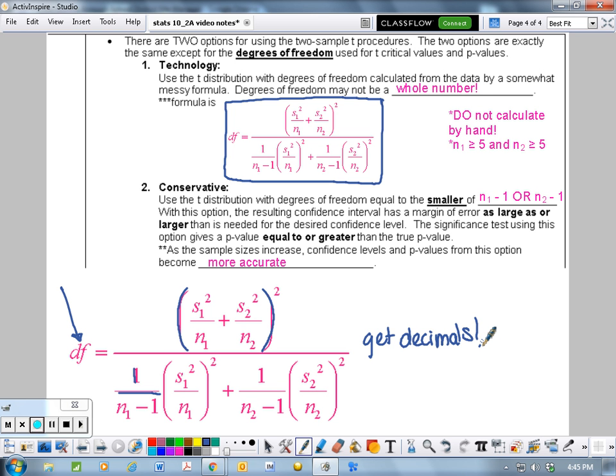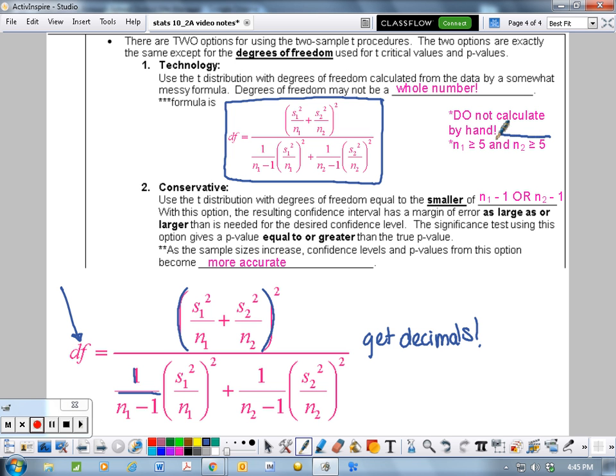So if you're using your calculator, let it do it for you. Just use the built-in tests. Don't ever try to calculate this by hand or by plugging and chugging. It's just way too crazy.